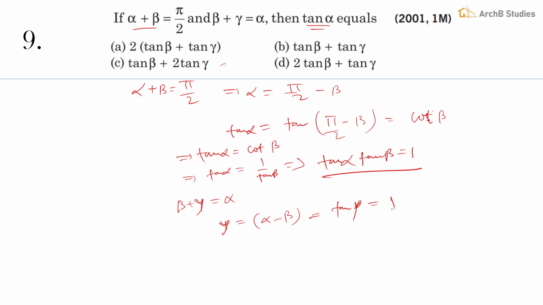Tan gamma will be tan of alpha minus beta. So writing it out, tan gamma is equal to tan alpha minus tan beta upon 1 plus tan alpha tan beta.